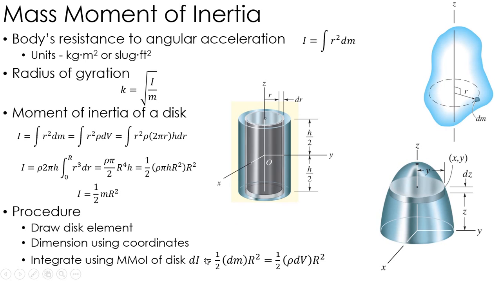So I find the moment of inertia of my differential element disk, which is 1/2 mr squared, which I just calculated up here, where m is dm, which I can write as rho dv, density times the volume, which I can put in terms of my coordinates, dz and y or whatever.